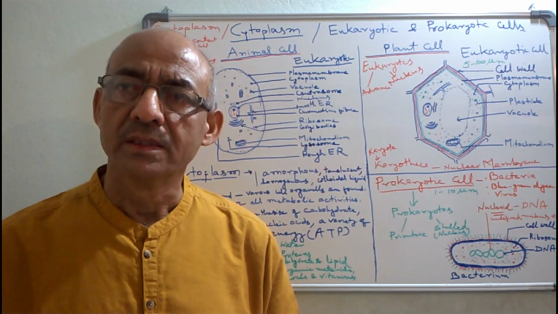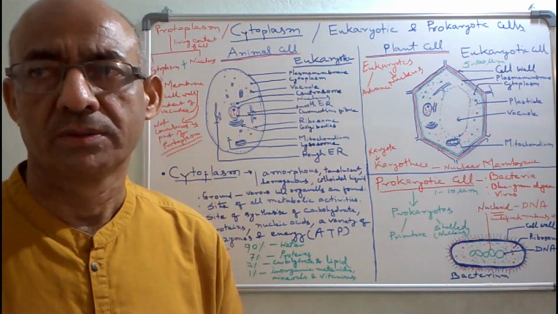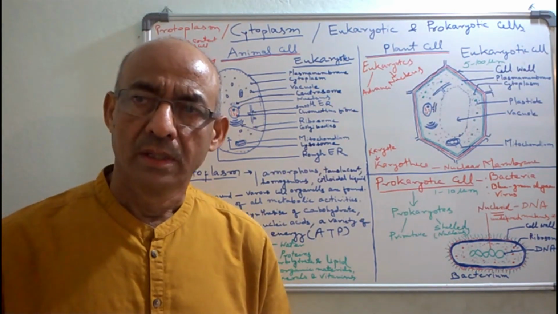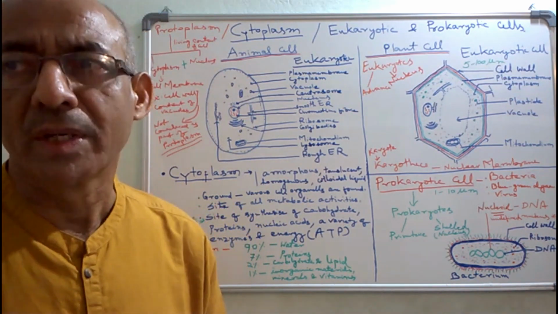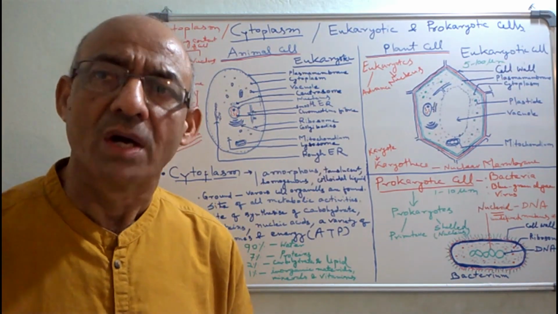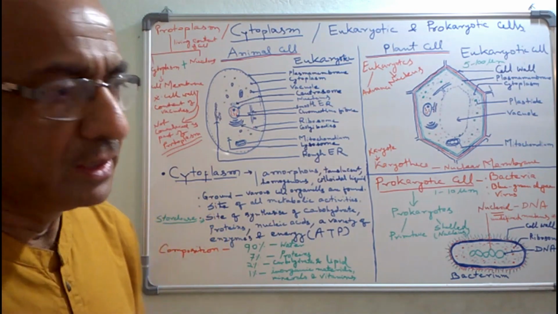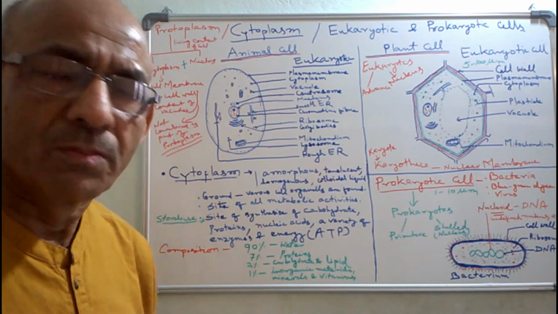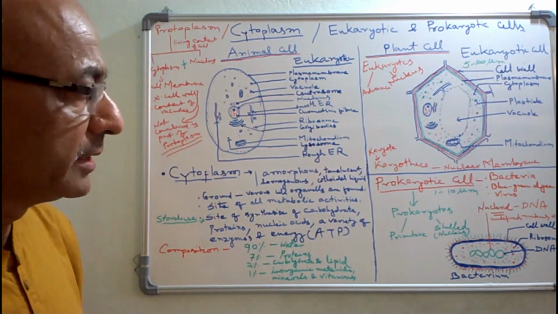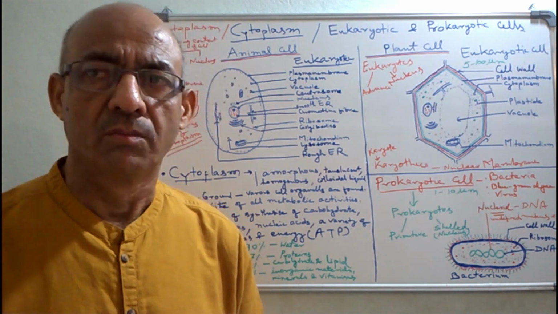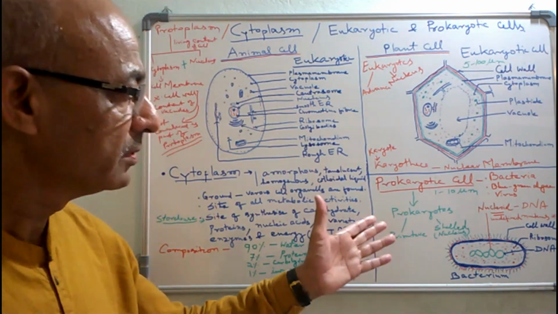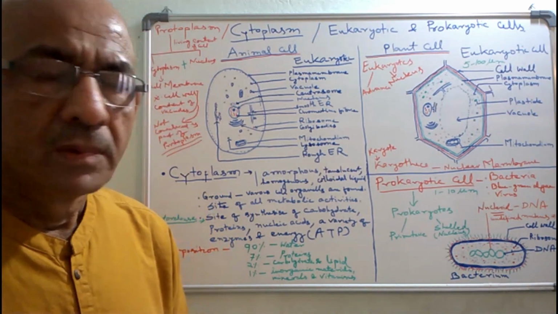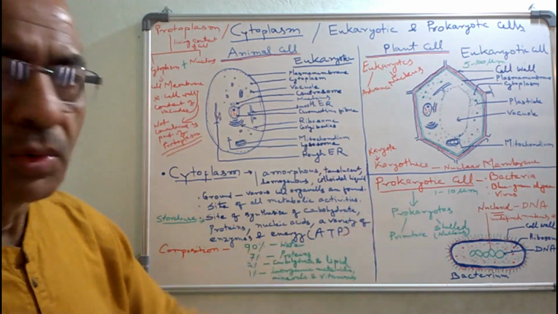A prokaryotic cell is that cell in which no membrane-bound nucleus and no membrane-bound cell organelles are found inside the cell in the cytoplasm, and the organisms whose body is made up of such types of cells having an undefined nucleus are called prokaryotes.